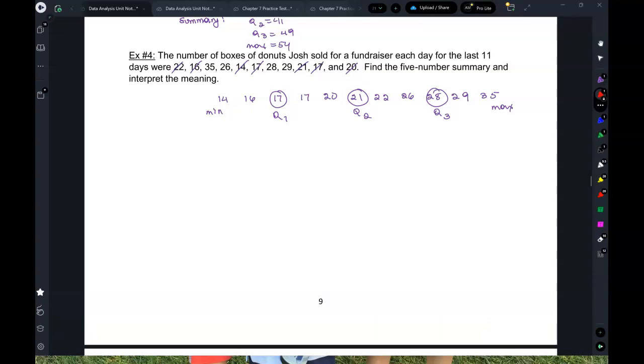So 25% of the time, he sold fewer than 17.